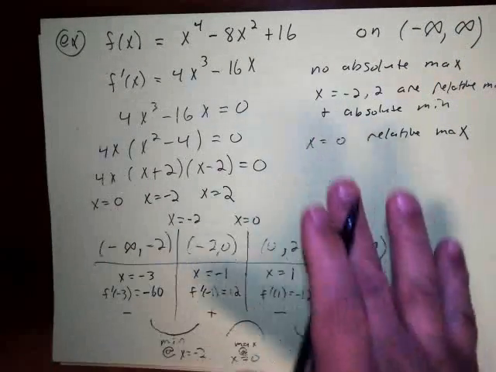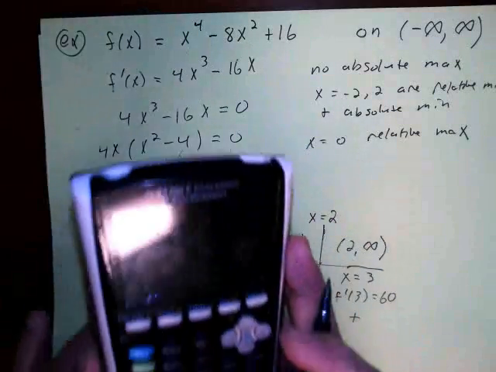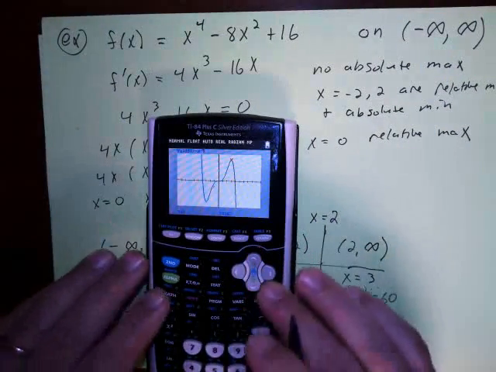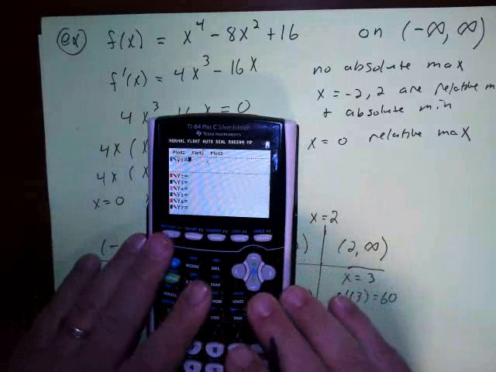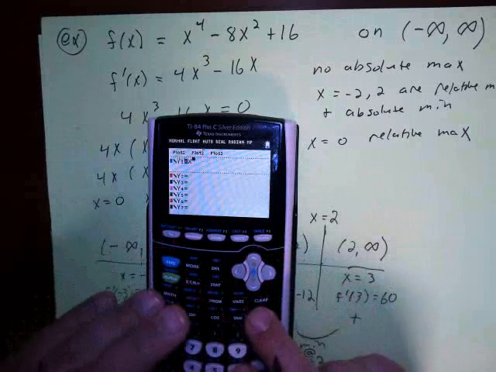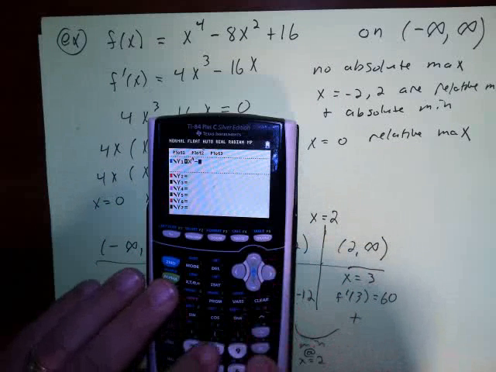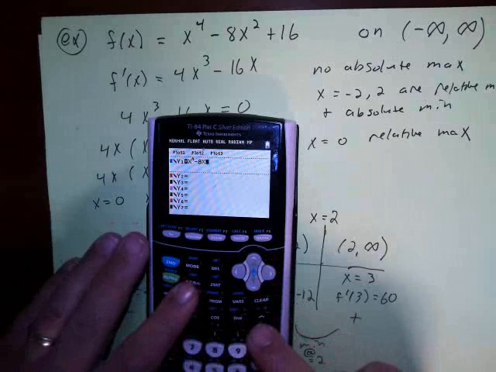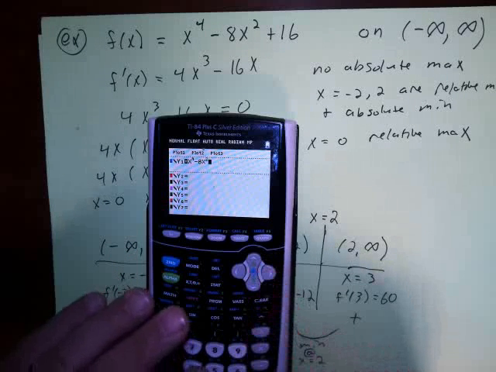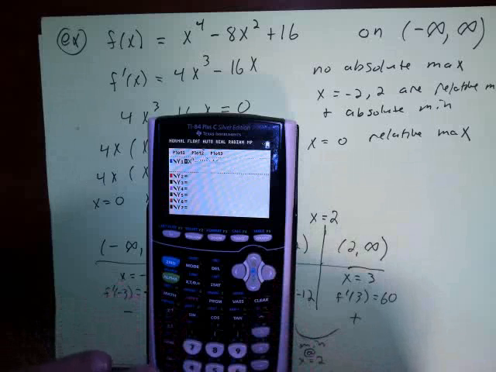Okay, so we did all of this without using a calculator. Let's see how we did. So x to the 4th minus 8x squared plus 16.